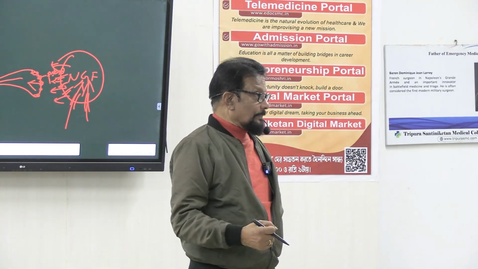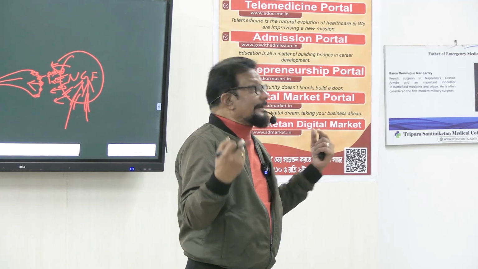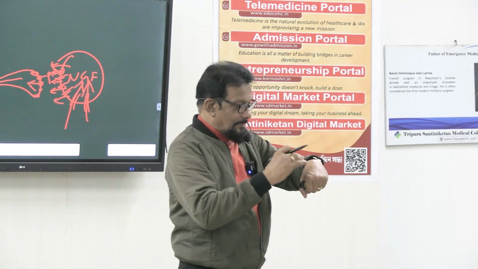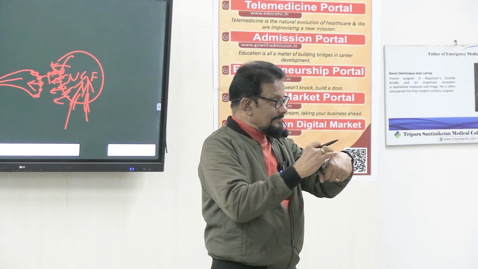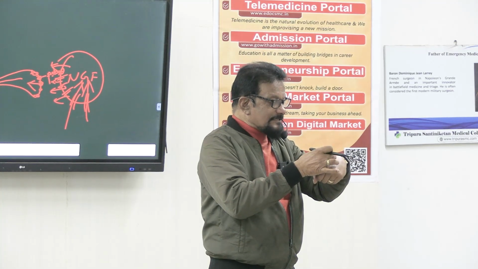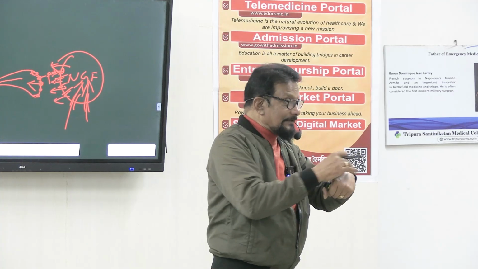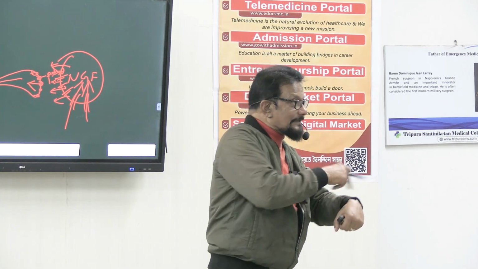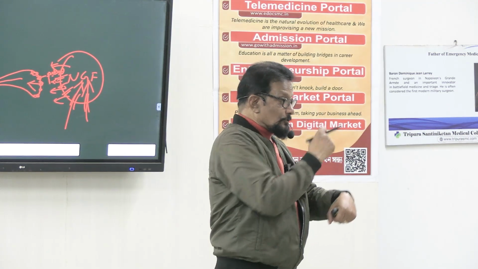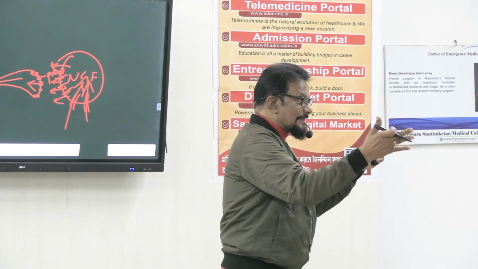Some are mechanically gated. Here I am having receptors. If I stress these receptors, I can feel somebody or one agent has stressed my skin. Immediately impulse goes. So the receptors, by stretching, open some gates.